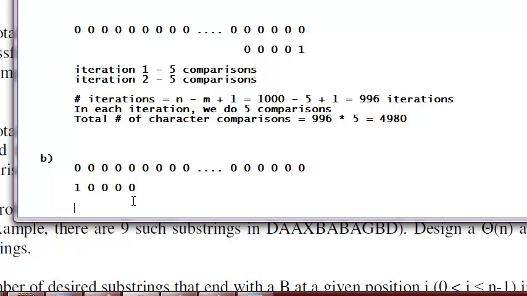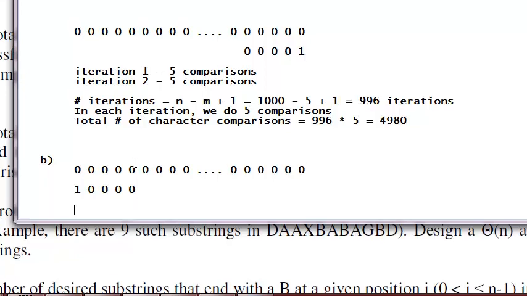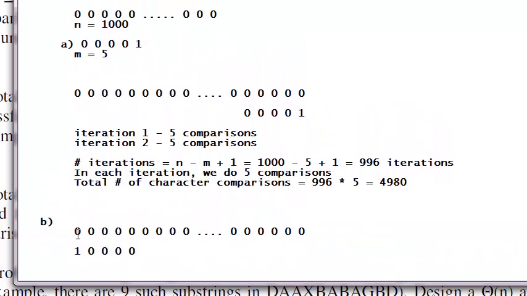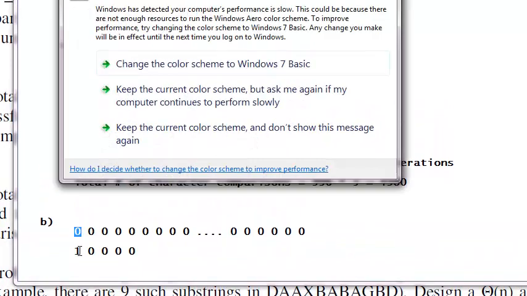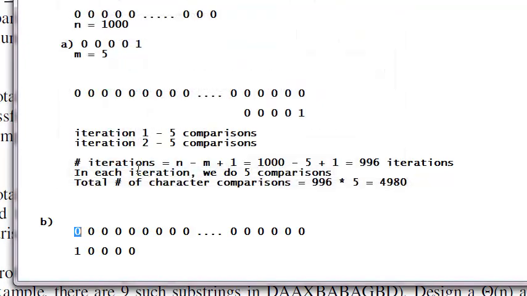As you see here, we do one comparison in this iteration. It's like that goat problem where the first character itself doesn't match. So it compares 0 with 1. Since they don't match, you don't really need to compare the rest.